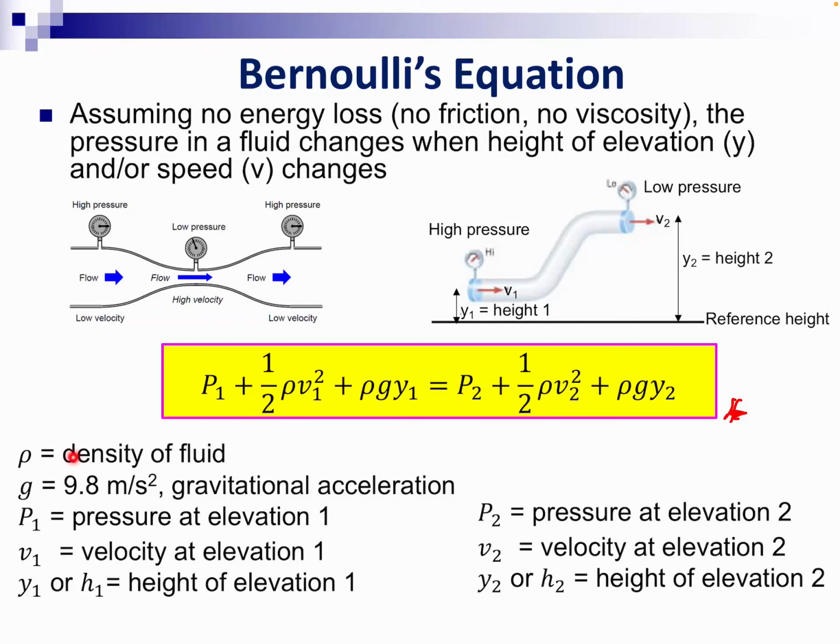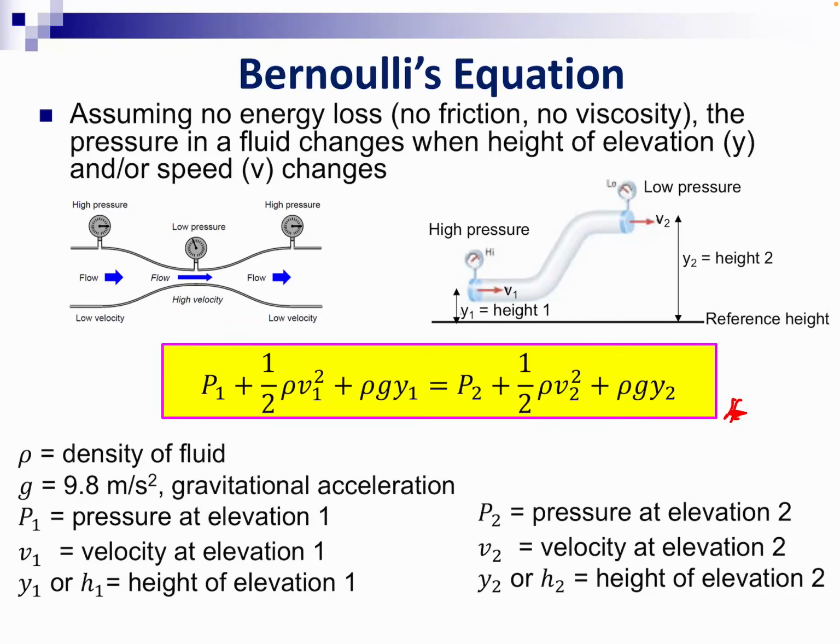You have two sides of the equal sign. It relates the pressure at a given height to the pressure at another height. It also relates the speed across two sections of pipes.